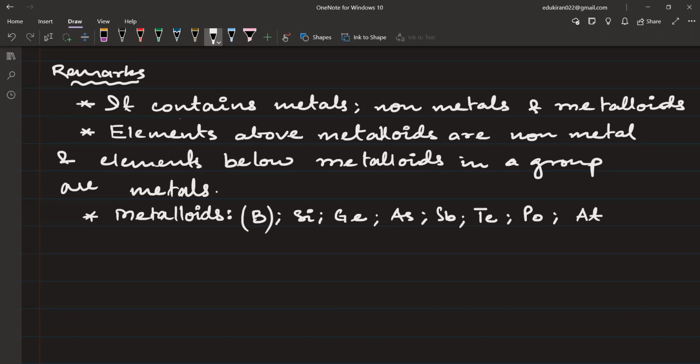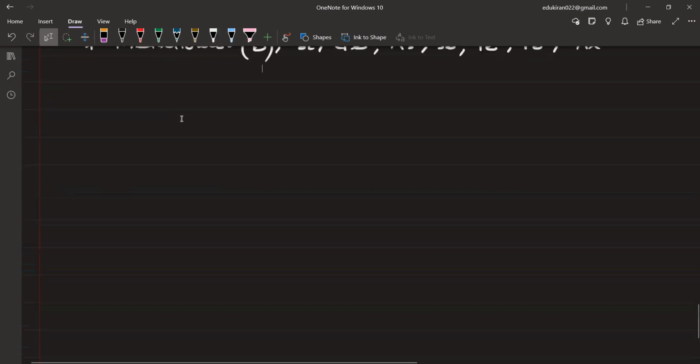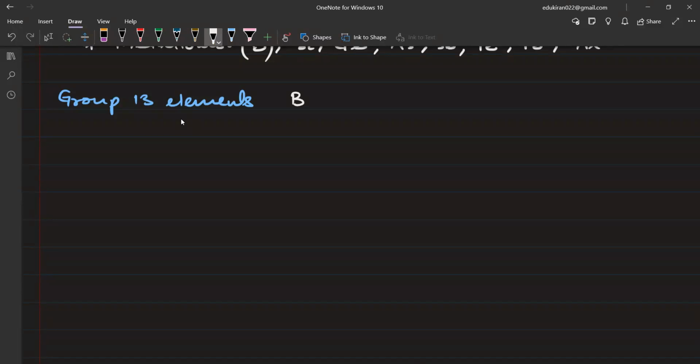Right, next. Group 13 elements. Okay, so this group 13 element is also known as the boron family.